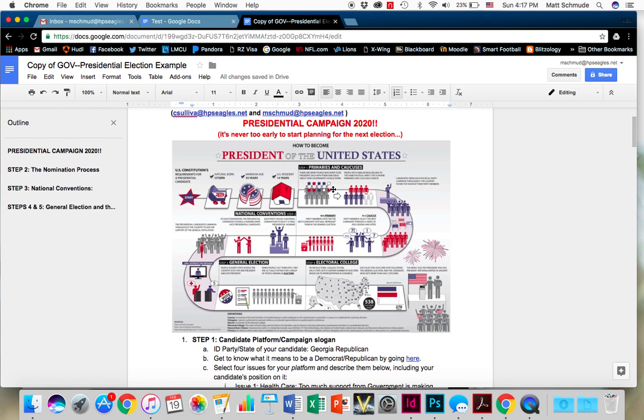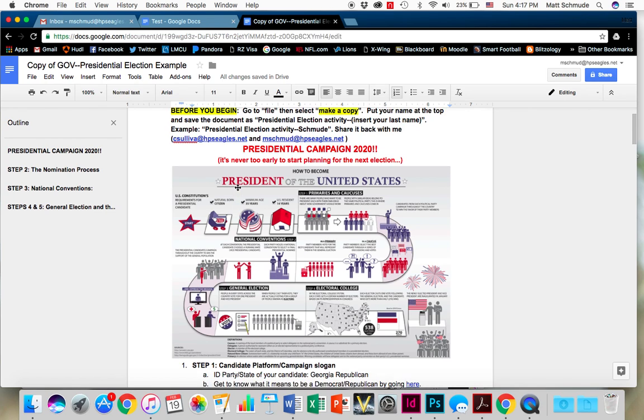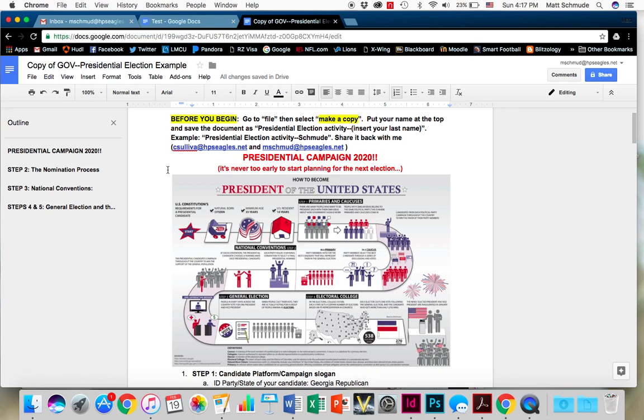Right here I have an infographic of the process in which a president becomes just a nominee all the way through to the actual election process. This was a Google activity that students were creating in our presidential and political parties unit.